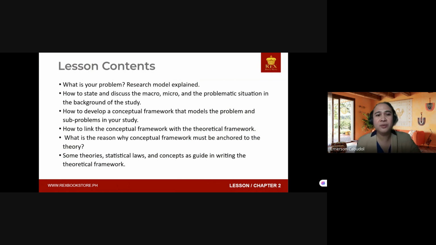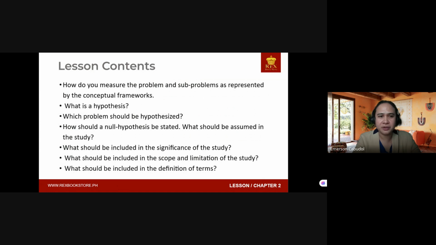What is the reason why the conceptual framework must be anchored to the theory, and examples of some theories, statistical laws, and concepts as guide in writing the theoretical framework.